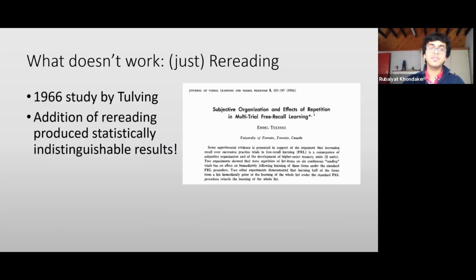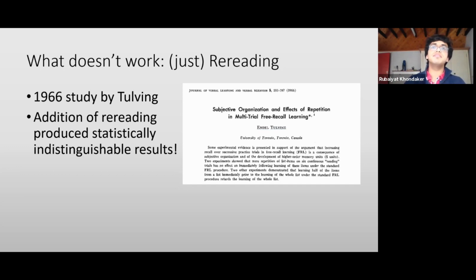So, first of all, what doesn't work? Rereading, or at least just reading. So, there was a 1966 study by Tolving, where basically he gave two groups of people lists of English nouns, and then after some time, after they read through them for a bit, they were given another list of nouns and said, okay, you now have to memorize this list.